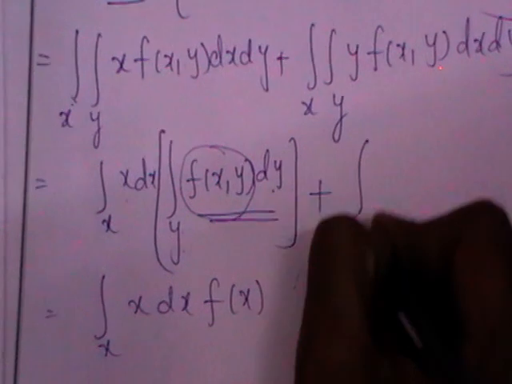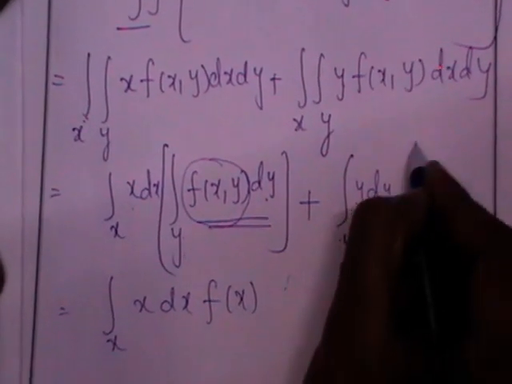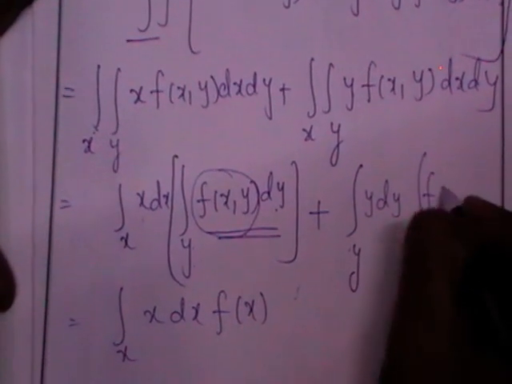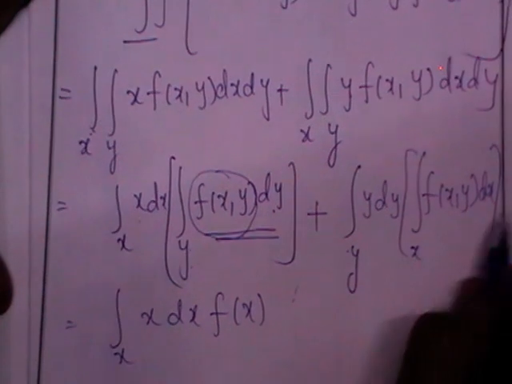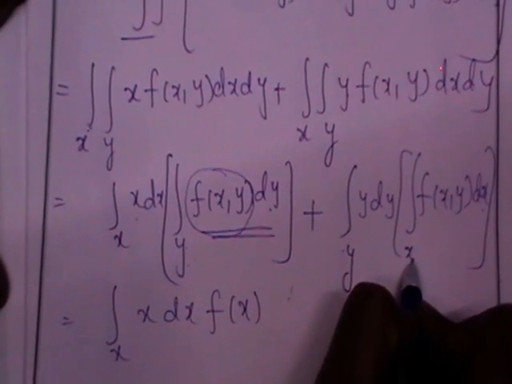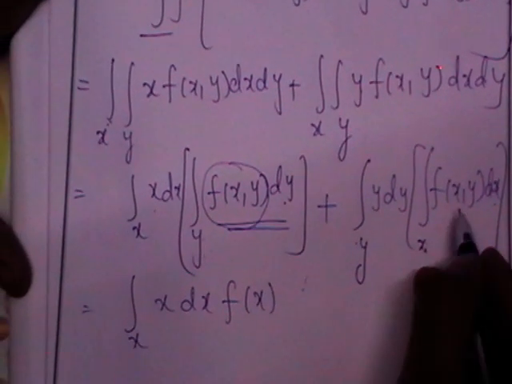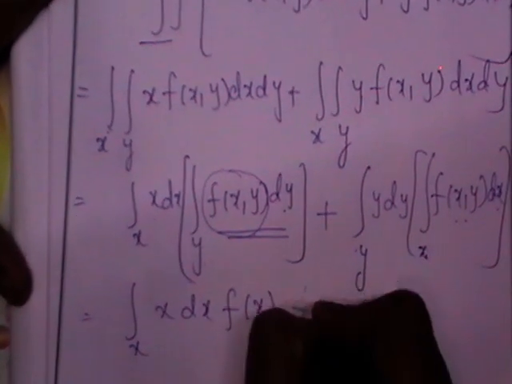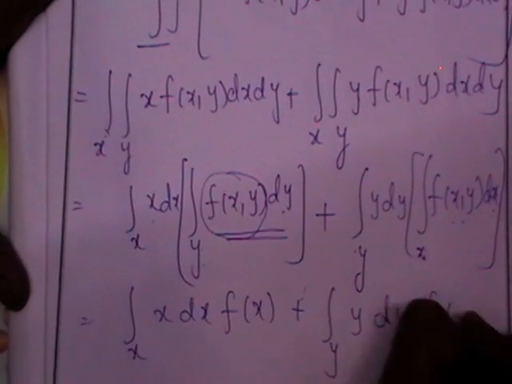Plus here I also want to write y dy times the integral of x f of x comma y dx. If you integrate with respect to x, you are removing the effect of x, then you get the PDF of y, so integral y f of y dy.